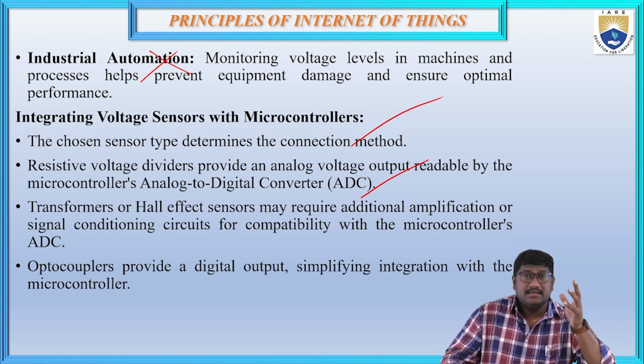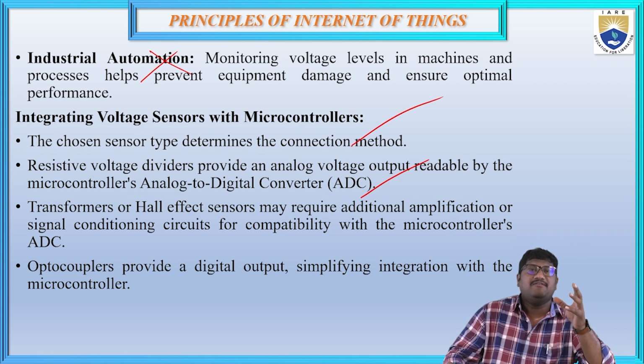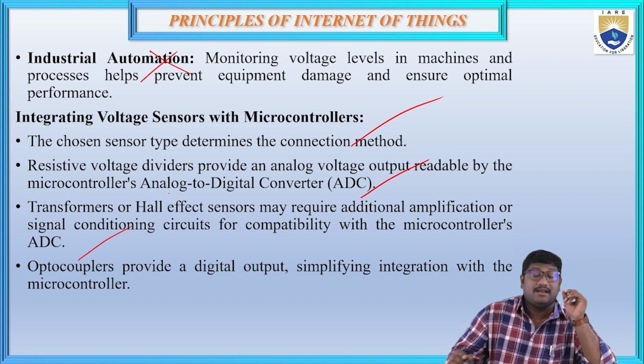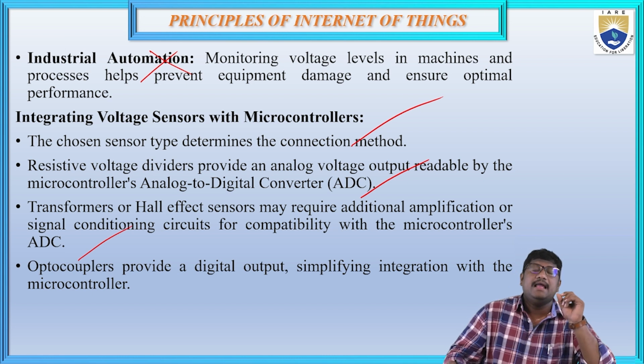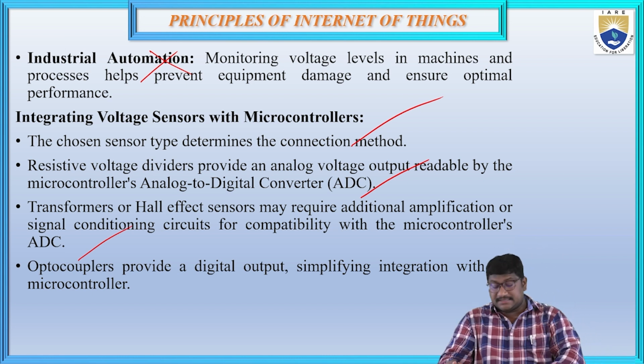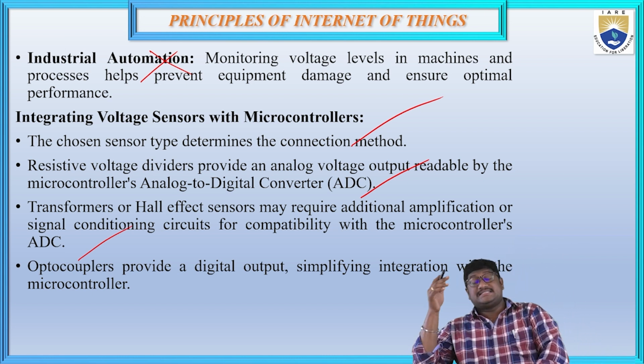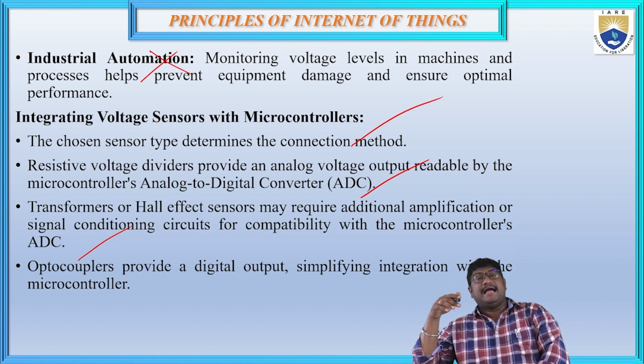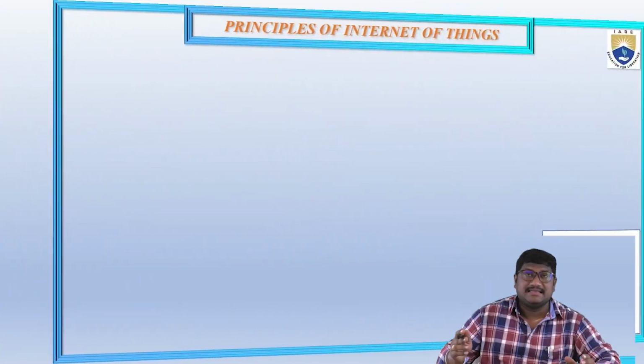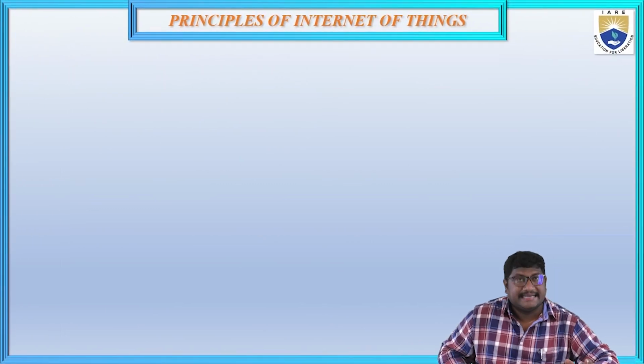Transformers and Hall effect sensors may require additional amplification or signal conditioning circuits which are compatible with the ADC, analog to digital converter. And by using optocouplers, we are going to provide a digital output, simplifying the integration with the microcontroller. These are the things on how we need to integrate.